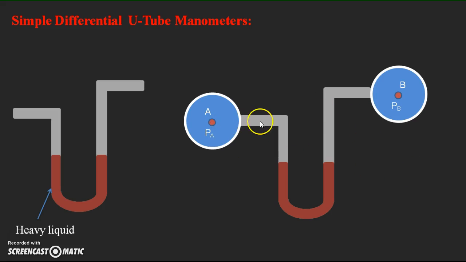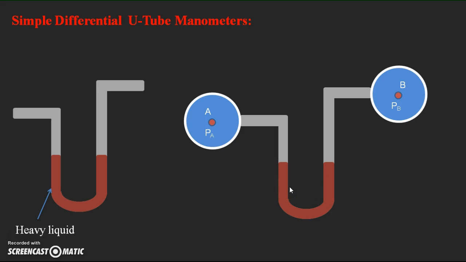Whenever we connect this differential U-tube manometer to the two different pipes at two different points, automatically the liquids try to enter into the two limbs of the U-tube manometer. Assume this is one different liquid and this is another different liquid, both lighter than the mercury. So two different types of liquids are flowing through the two pipes, lighter than the heavy liquid.